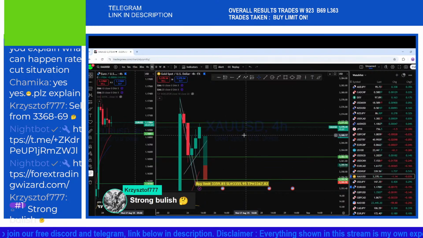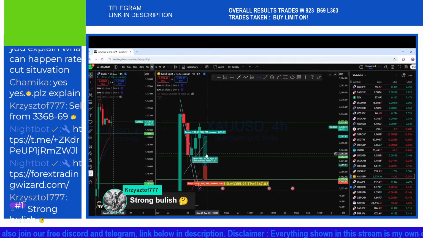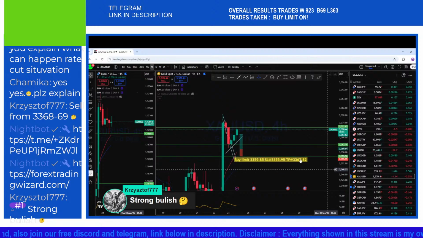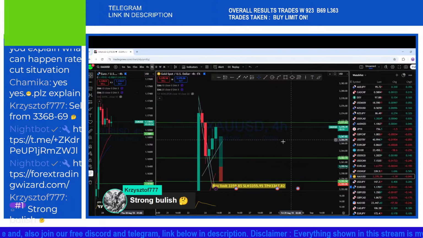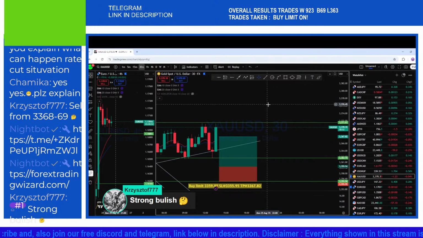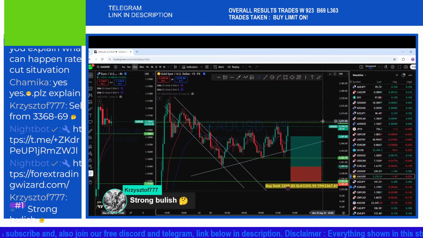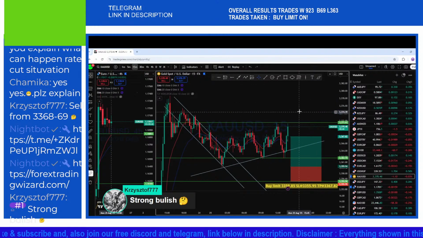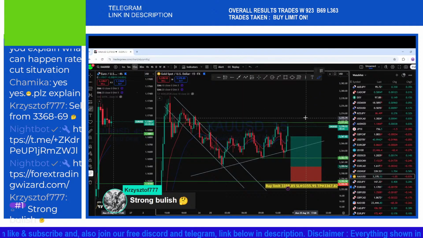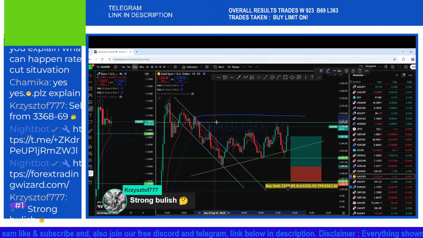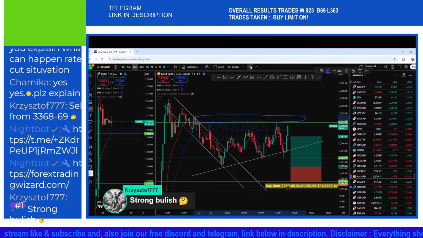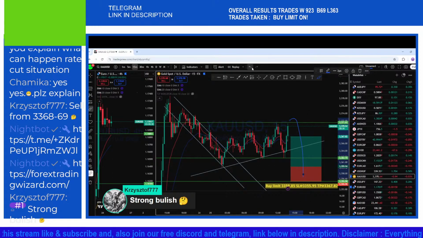Here is the move on this one from the support level. We may see that rejection back above. The market is bullish, and what it could do is cross that daily high here, which is this liquidity zone, and then revert back again.